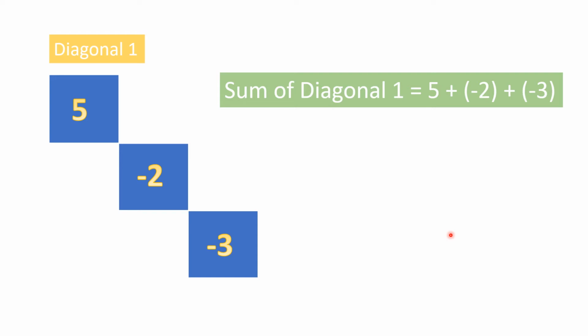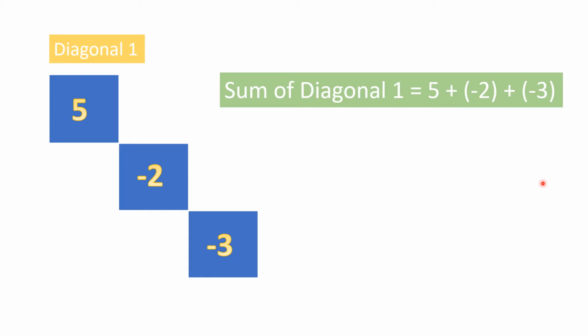So let's continue. Now the first diagonal, diagonal 1, you can take any of the diagonals as diagonal 1, either this diagonal or this diagonal. Here the diagonal has 3 elements, 5, minus 2 and minus 3. Sum of diagonal 1 is 5 plus minus 2 plus minus 3. We have added the elements because we have to find the sum.